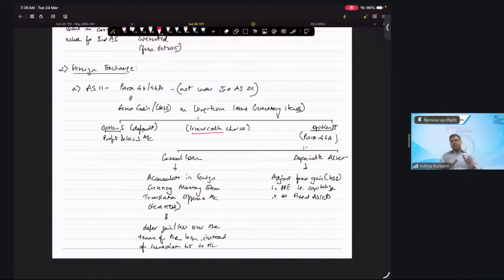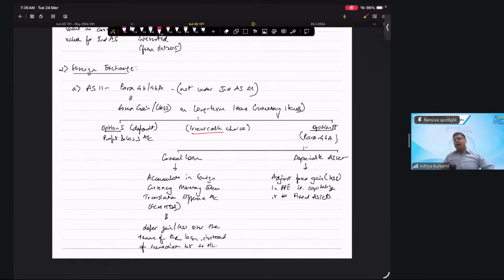this particular standard, under these two paras, what was the option that was given is foreign exchange gain or loss that you are making on long term loans. You have taken a long term loan. Because of that long term loan, you are having foreign exchange movements, you are having foreign exchange fluctuations.